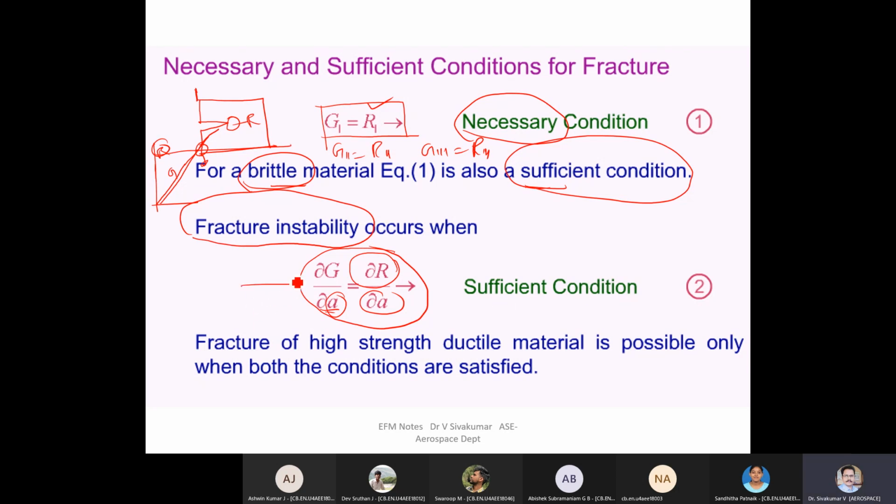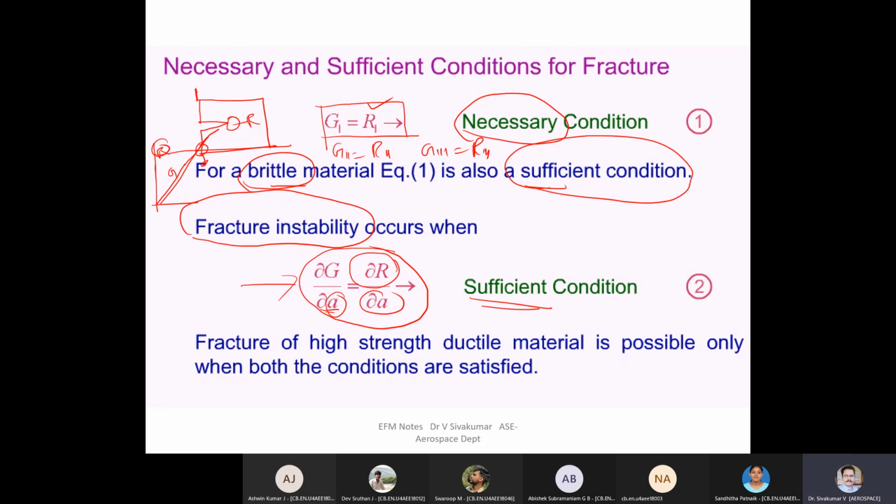This also needs to be checked, whether the crack will move or increase. This is called the sufficient condition. So there are two conditions that have to be fulfilled for the crack to expand: a necessary condition and a sufficient condition.